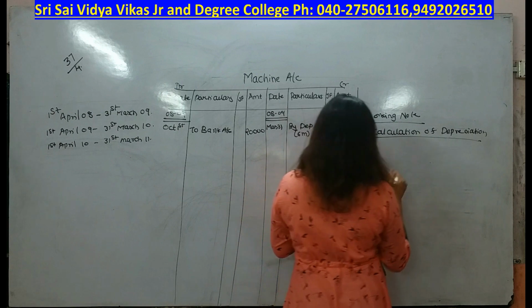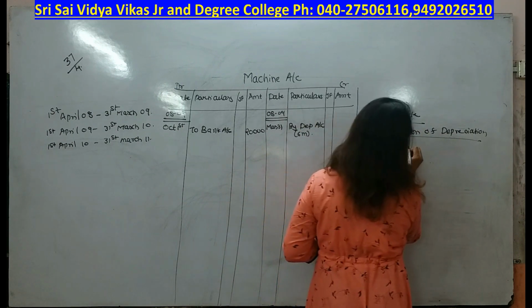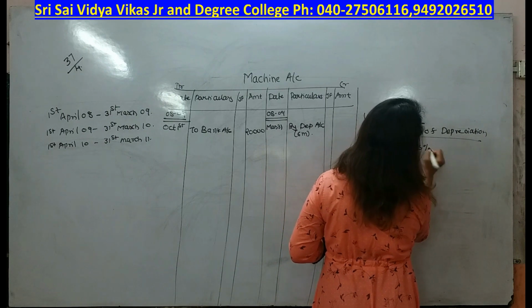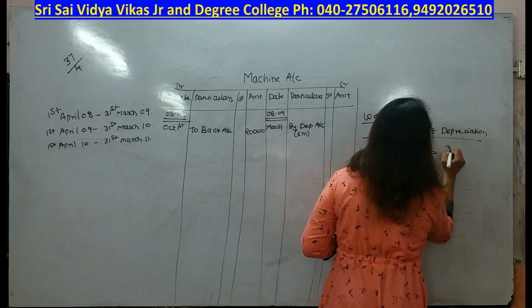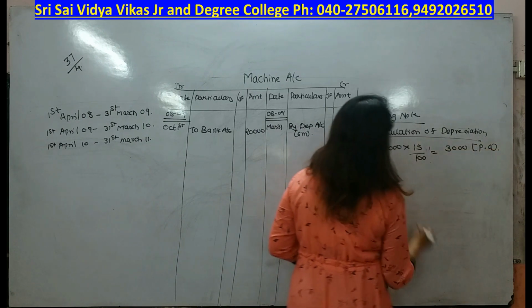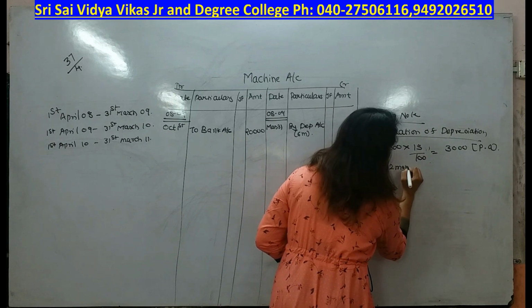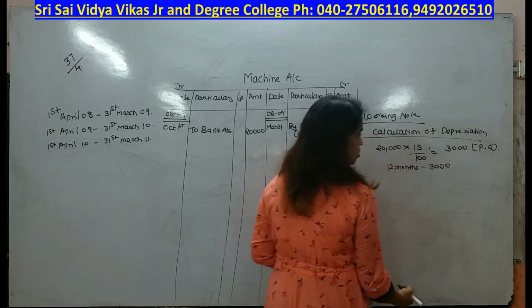What is the price? See, 20,000 is the original cost of a machine. What is the rate? 15%. 15% is nothing but 15 by 100. So, depreciation will be 3,000 per annum. So, it means for 12 months, depreciation will be 3,000, right?